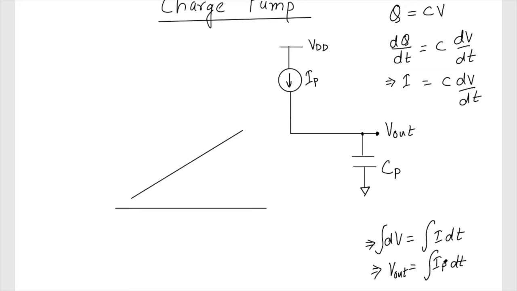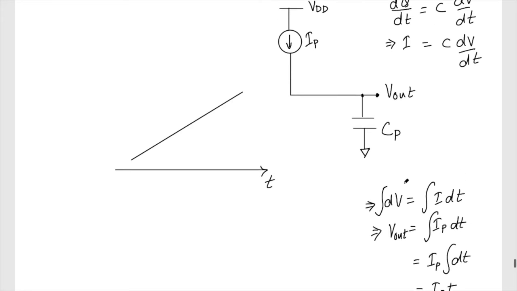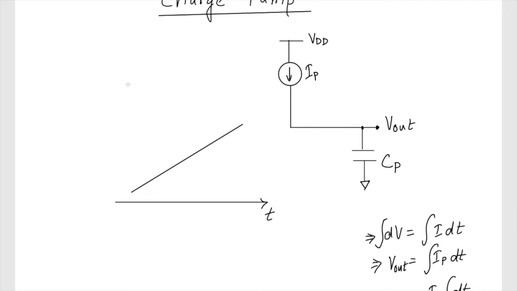Because I is constant, IP comes outside, and the integration of dt is basically IP times t. So with the passage of time, the voltage is going to increase linearly. We'll come back to these equations eventually, as we discuss the loop dynamics of the PLL.